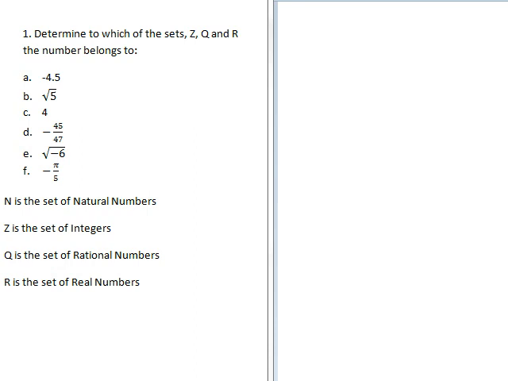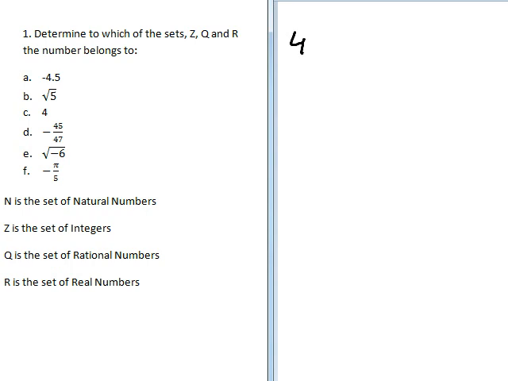Is it an integer? No, it's not an integer, so we know it's not that either. Is it a rational number? Well, it can be expressed as a decimal that's either terminating or a repeating decimal. So yes, it is indeed a rational number. And because it's a rational number, it's also a real number.